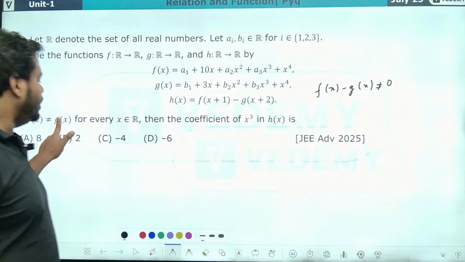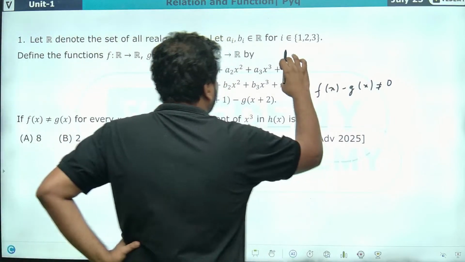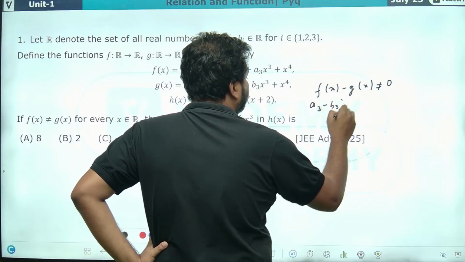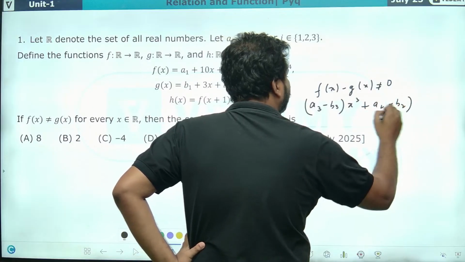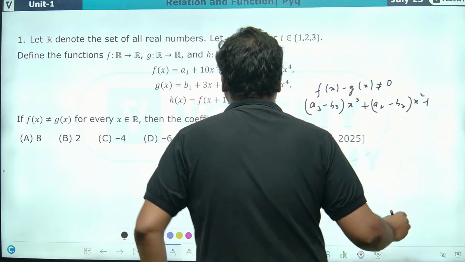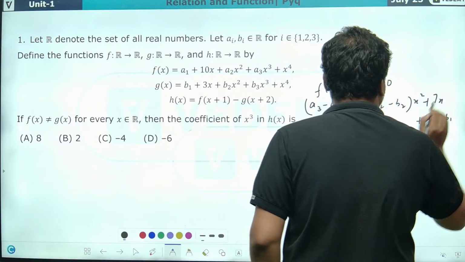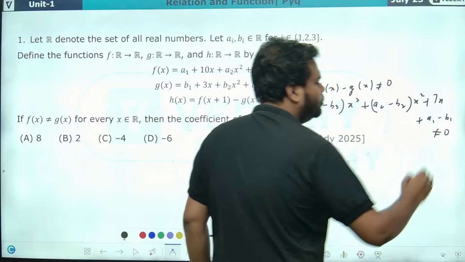If you subtract, you will get (a3 minus b3) x cube plus (a2 minus b2) x square plus 7x plus a1 minus b1. This is f(x) minus g(x), which is not equal to 0.